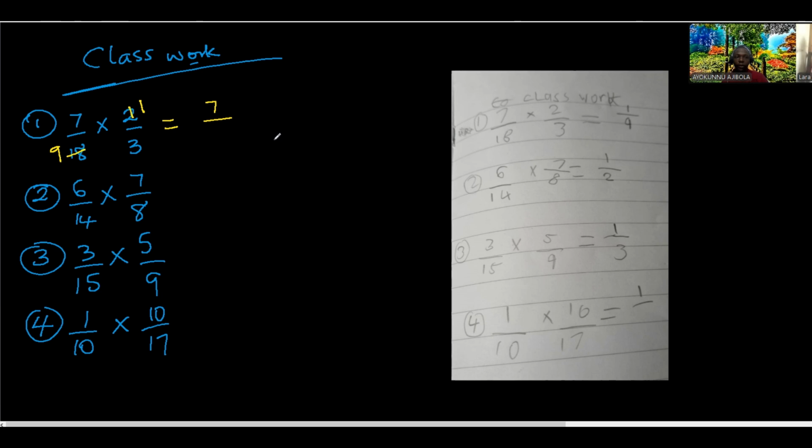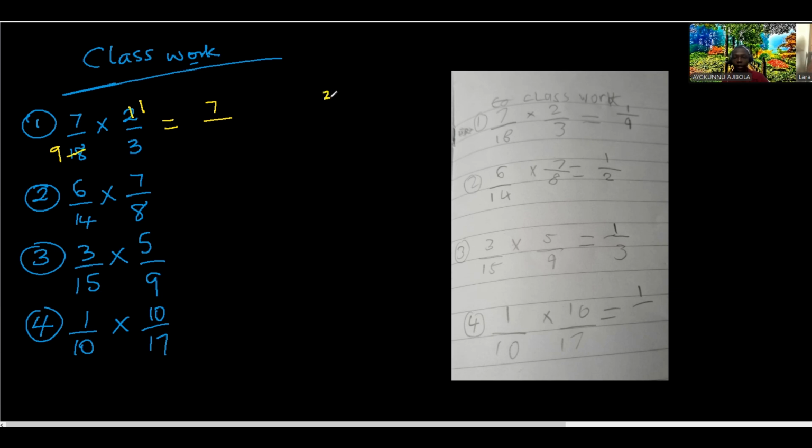3 times 9 is what? 3 times 9 equals 9? No, 3 times 9 cannot be 9.